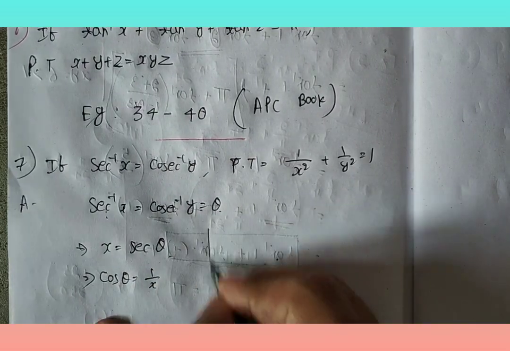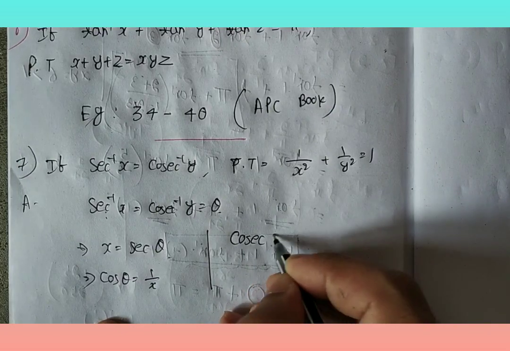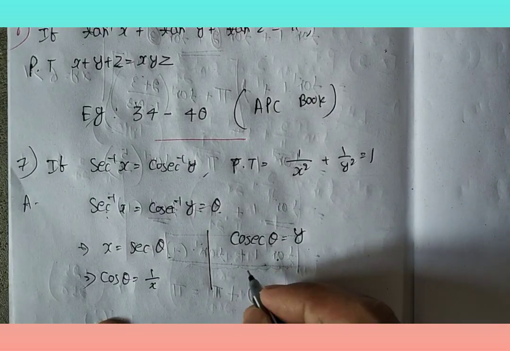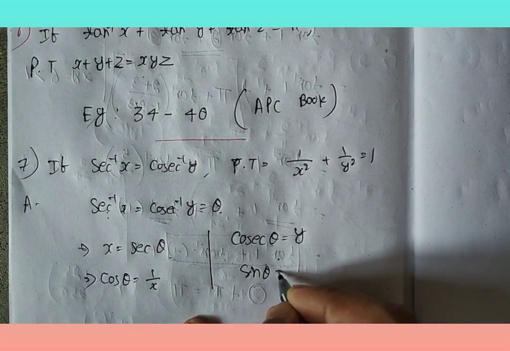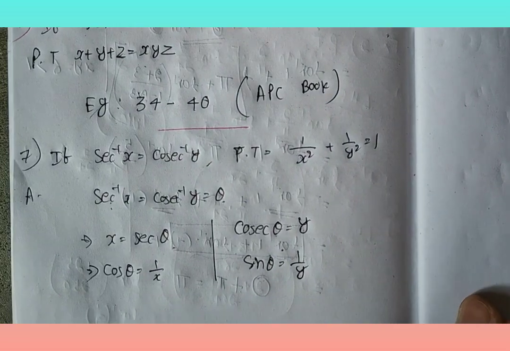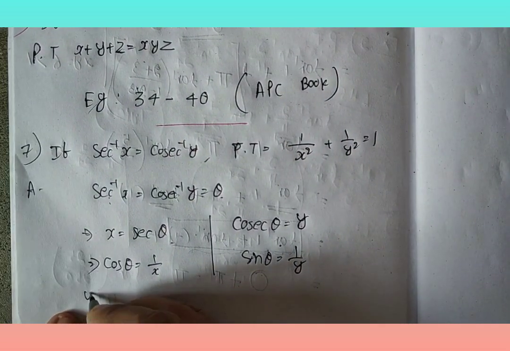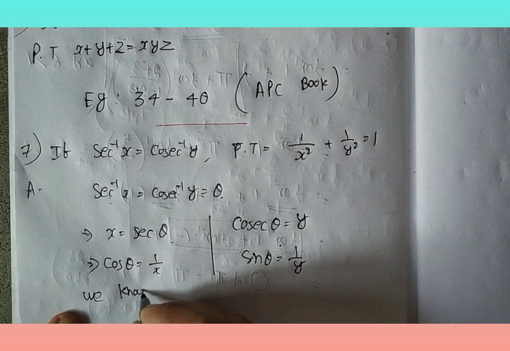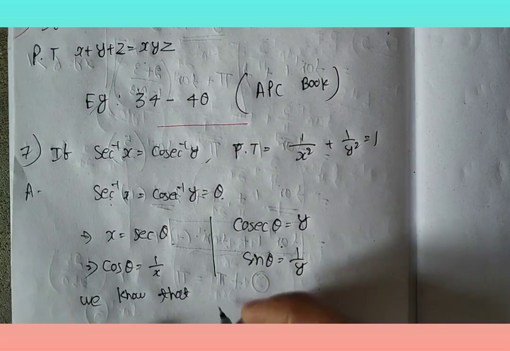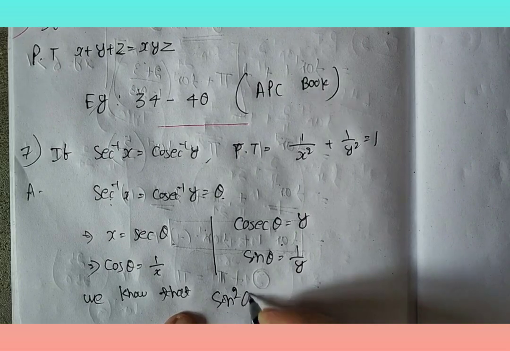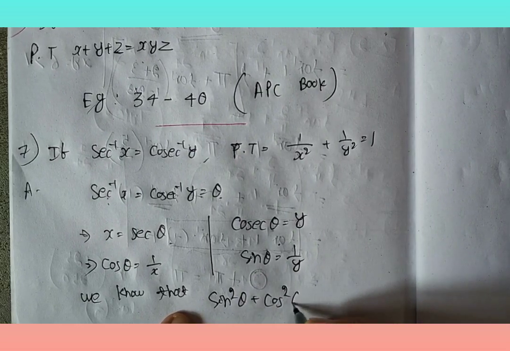From the second and third, we get cosec theta equal to y and sin theta equal to 1 by y. And we know that sin square theta plus cos square theta equal to 1.